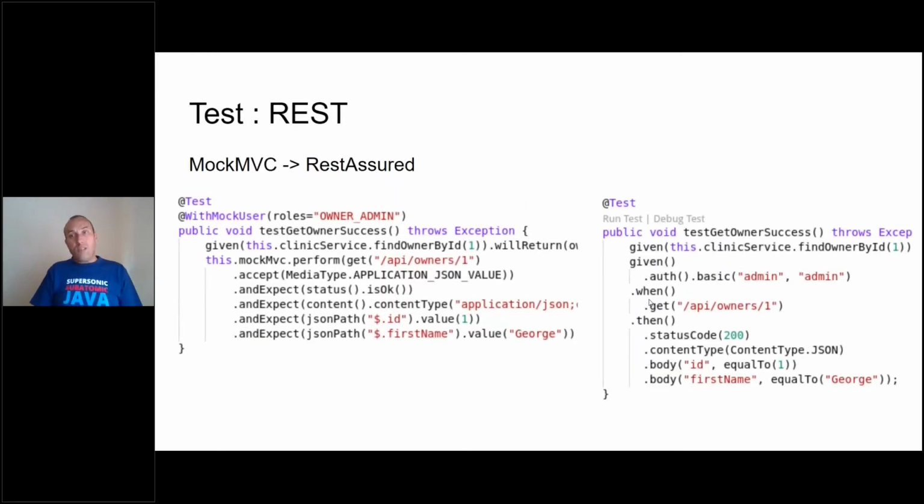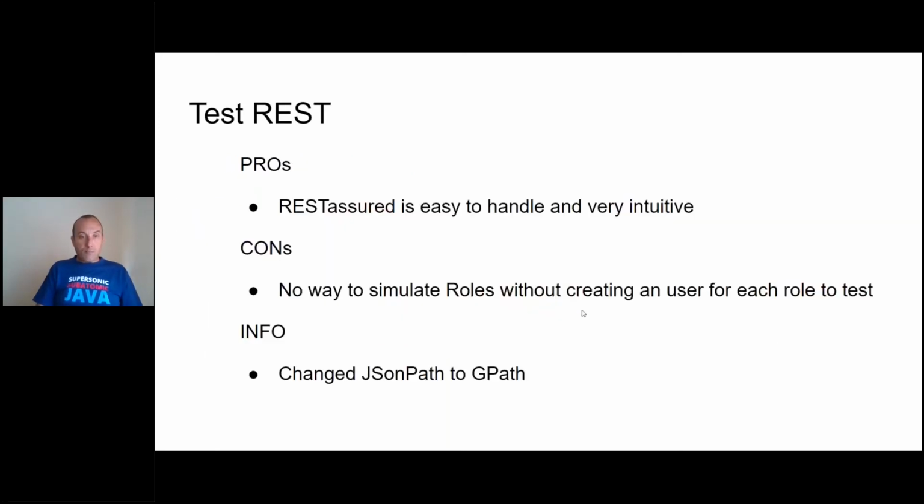Regarding tests, this involves more changes. Fortunately, we are moving from MockMvc to RestAssured. As you can see, the code is very different, but I prefer the RestAssured style, but this is a personal taste. But you need to recode your tests.